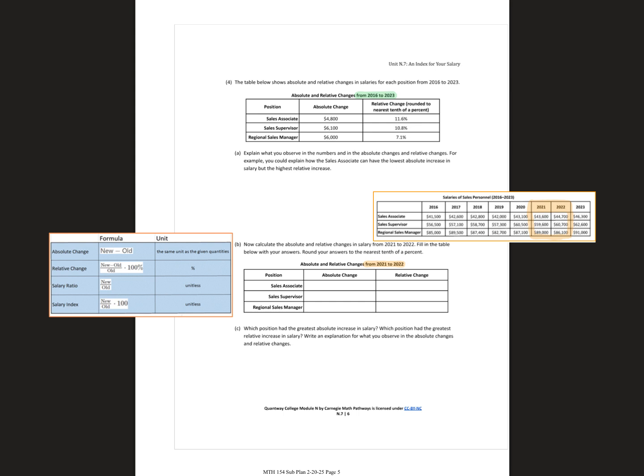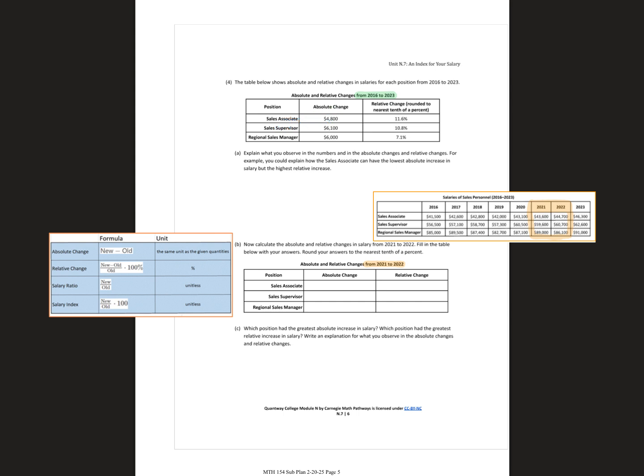So question 4 says the table below shows absolute and relative changes in the salaries from the year 2016 to 2023. So that means they're comparing here 2016 to 2023. They're looking at the data for the sales associate in 2016 and the sales associate for 2023. And to calculate absolute change, they're doing the new minus the old.